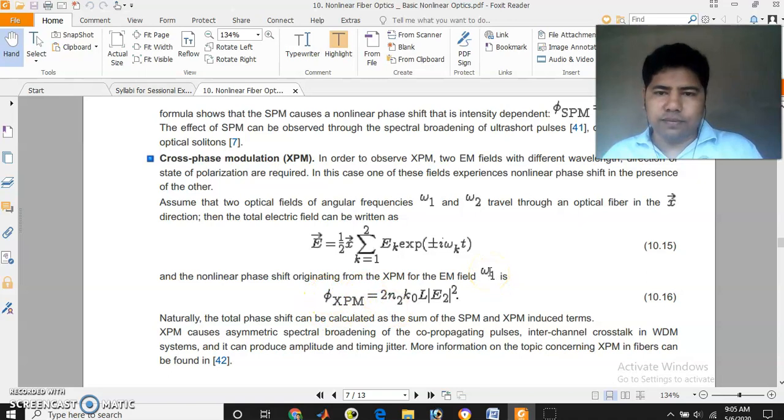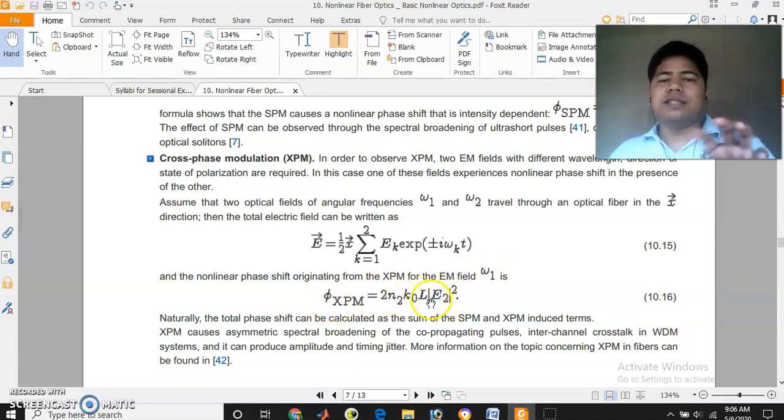the field E1 is giving us omega 1. In the omega 1 field there will be a change of phase, phi XPM, which is introduced by E2, meaning the other field. Field 1 has its phase modulated because of field 2.